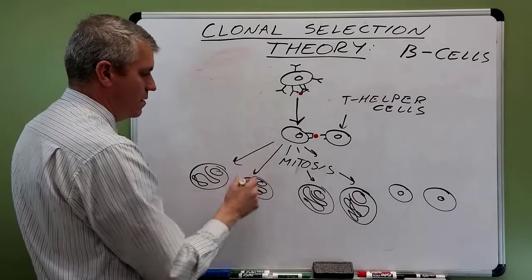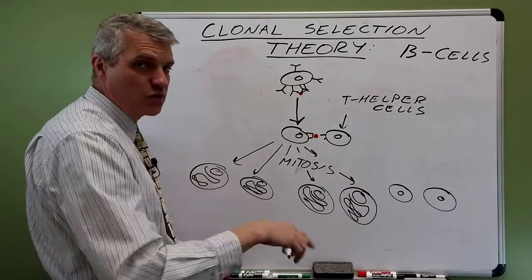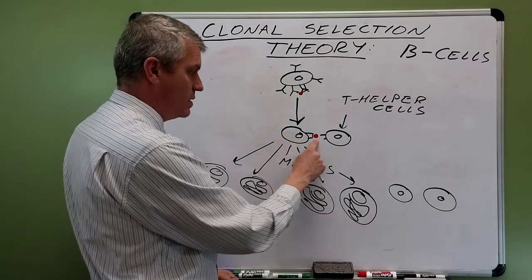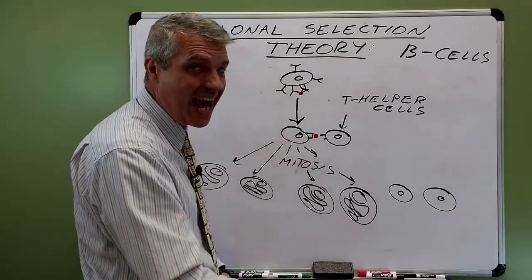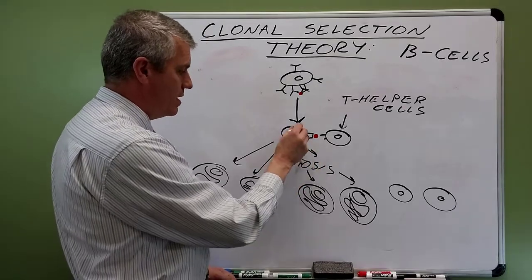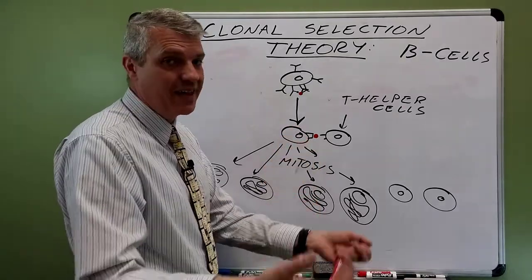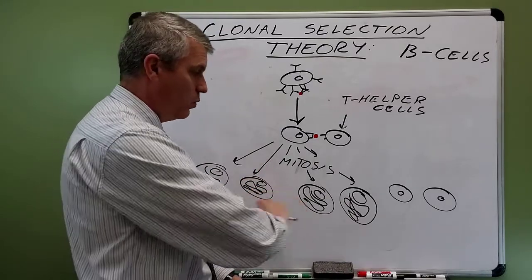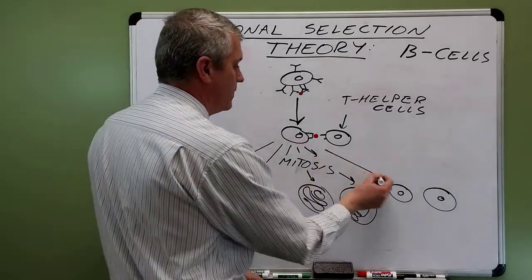And again, I am limited by space. I can't draw millions, but you can imagine this one B cell that wants to attack that alien antigen. It divides multiple times and you get hundreds of thousands, maybe millions of B cells, and all of these B cells will want to go kill the same alien.